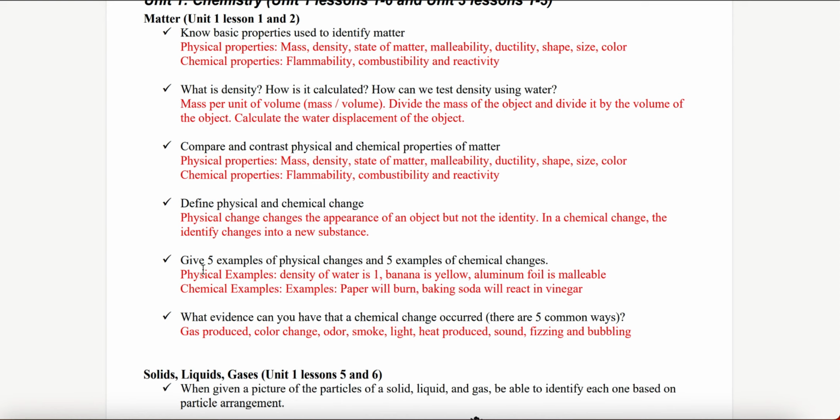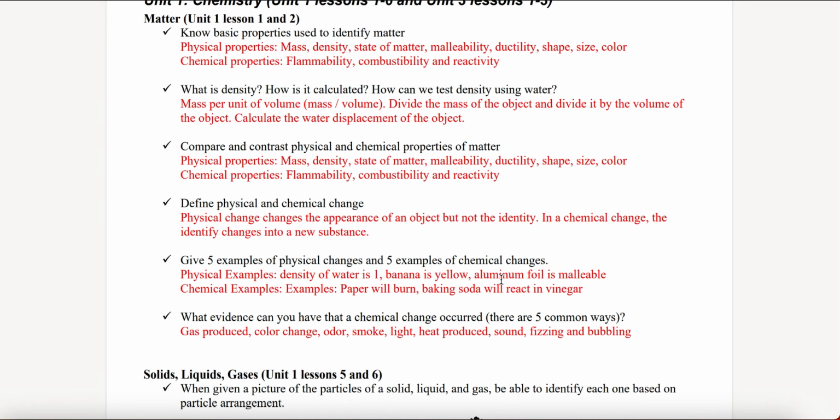And the next question would be: give 5 examples of physical changes and 5 examples of chemical changes. For physical examples, the density of water is 1, the banana is yellow, aluminum foil is malleable. The density of water is 1, the banana is yellow, nothing changes, so that's physical.